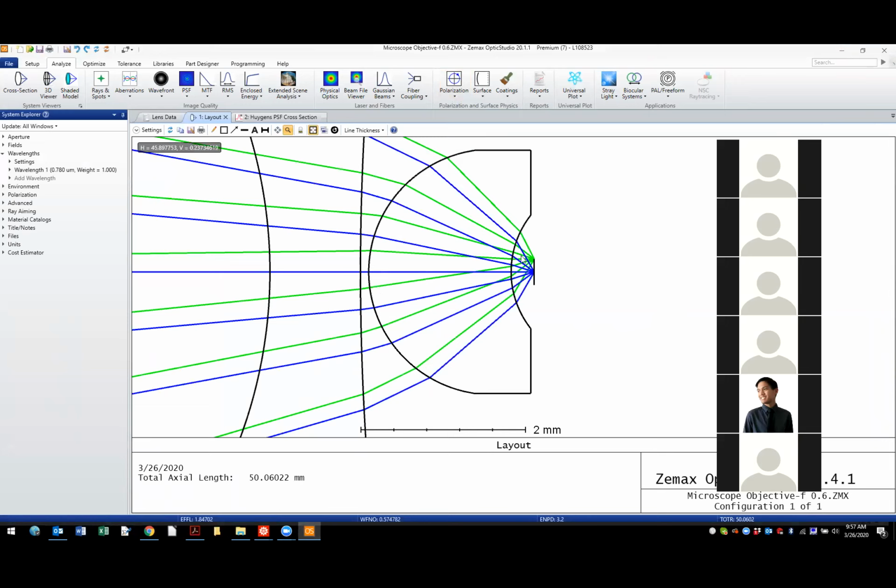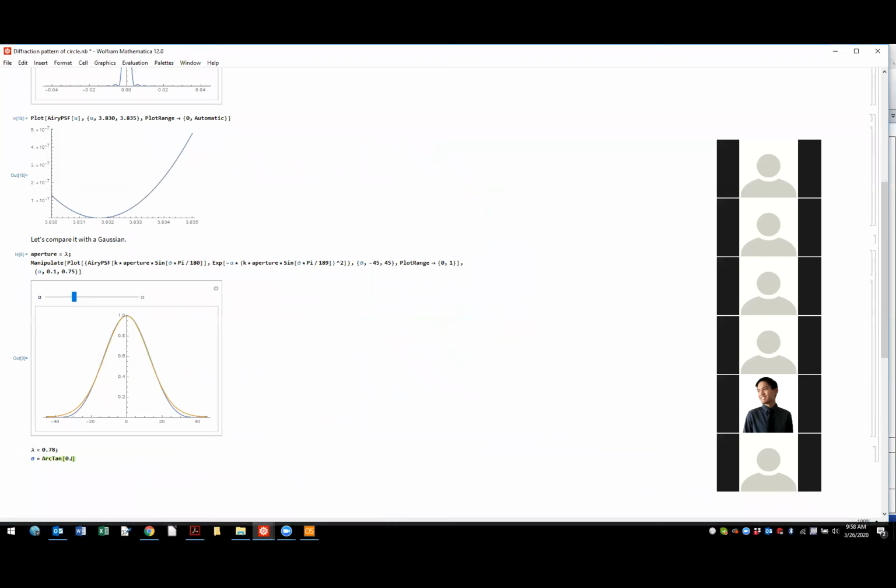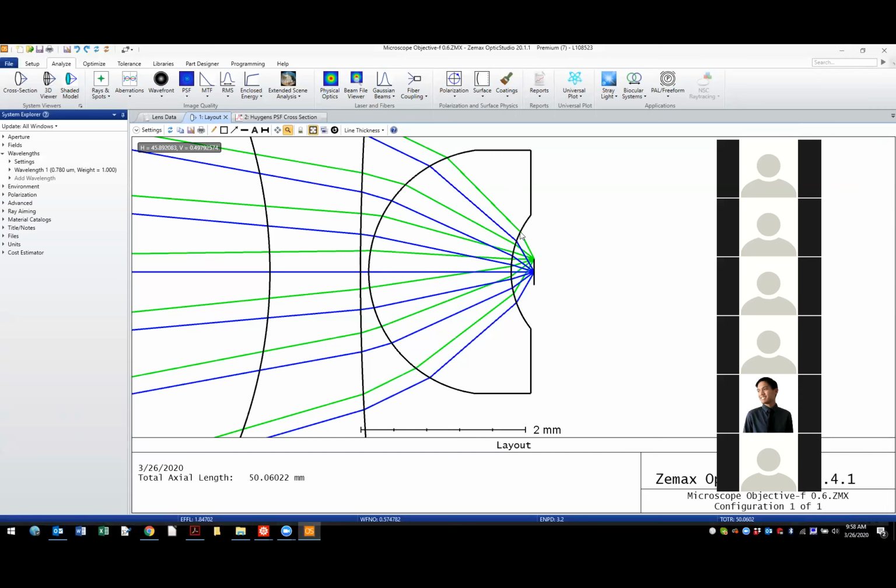So delta y would be from a vertical coordinate of 0 to 0.37, because this was off axis, so I should be working here.